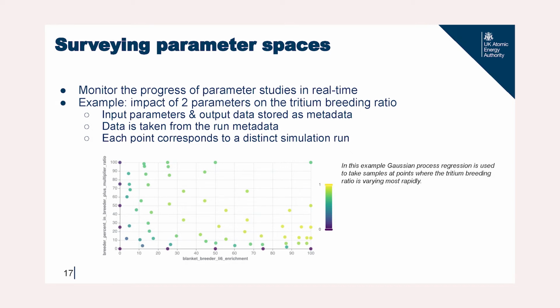All the input and output parameters were stored as metadata, and in the plot here, each point comes from the metadata from each simulation run. It's plotting the tritium breeding ratio, which is the thing people are interested in, versus two of the different parameters. You can easily do things like this and watch the progress in real time.